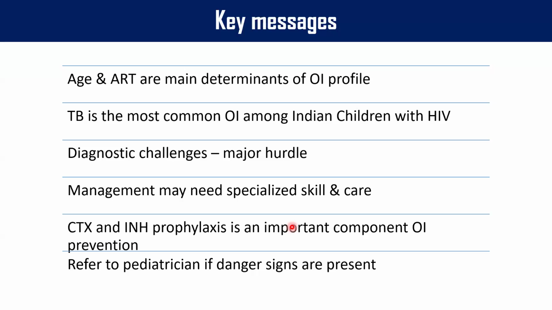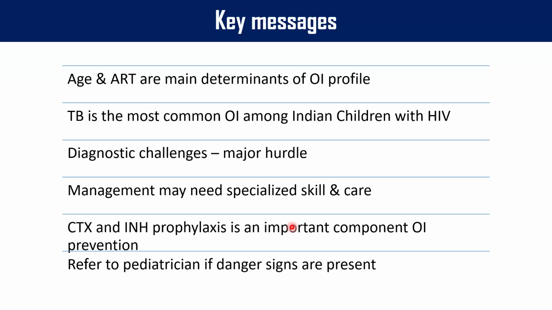You may have to involve more specialists, more departments here, like pediatrics, psychologist, even neurologist if available, orthopedician if there is septic arthritis, skin specialist, definitely HIV physicians. So multi-speciality care is what is required here. Cotrimoxazole prophylaxis, INH prophylaxis, and immunization are very important components of prevention.